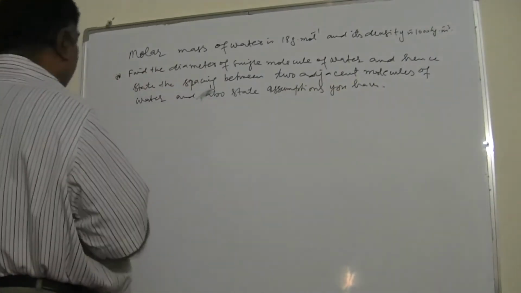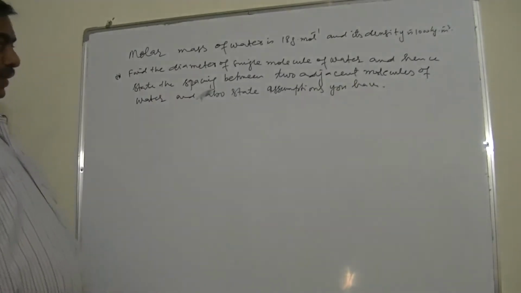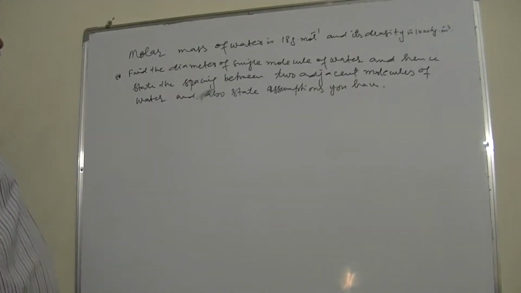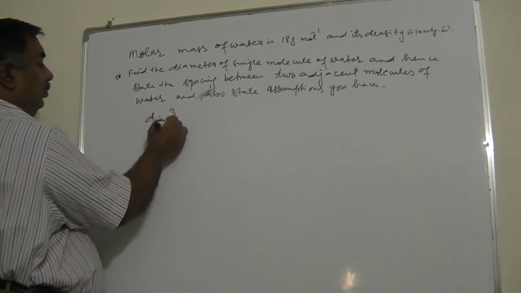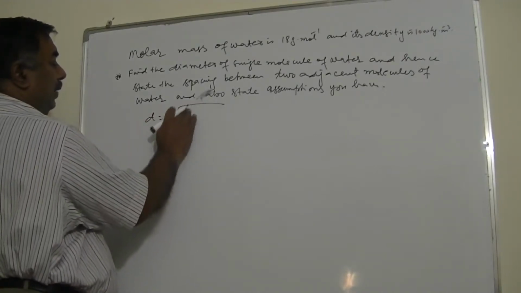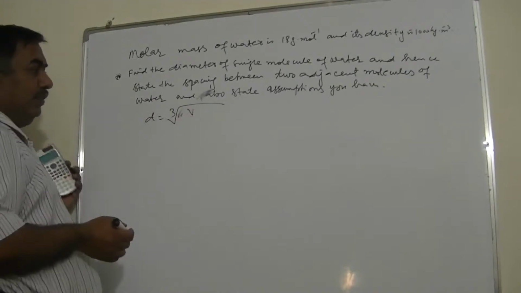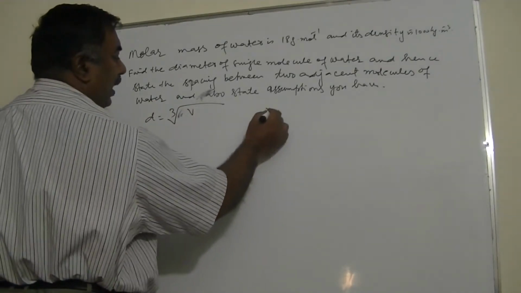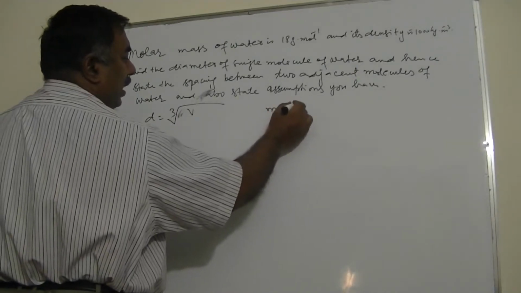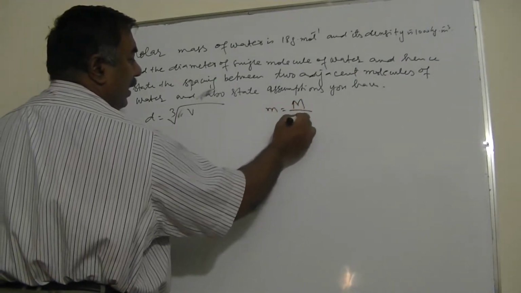Let us first find the diameter of the molecule. Diameter is always the cube root of the volume of a single molecule, V. I can first find the mass of a single molecule, m, which is M upon Na.